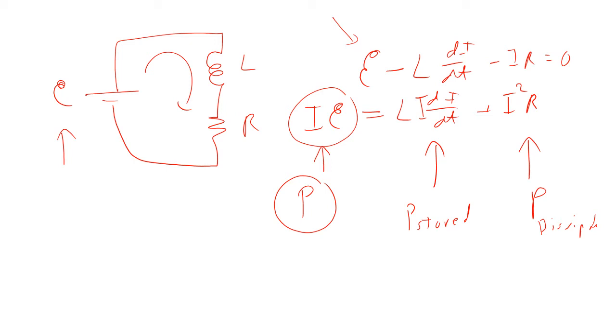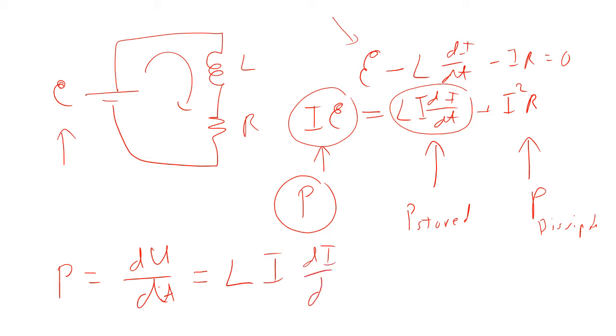And so that means that this term right here is the power being stored. Well, power is the rate of change of the energy. So the rate of change du dt is equal to L I di dt.